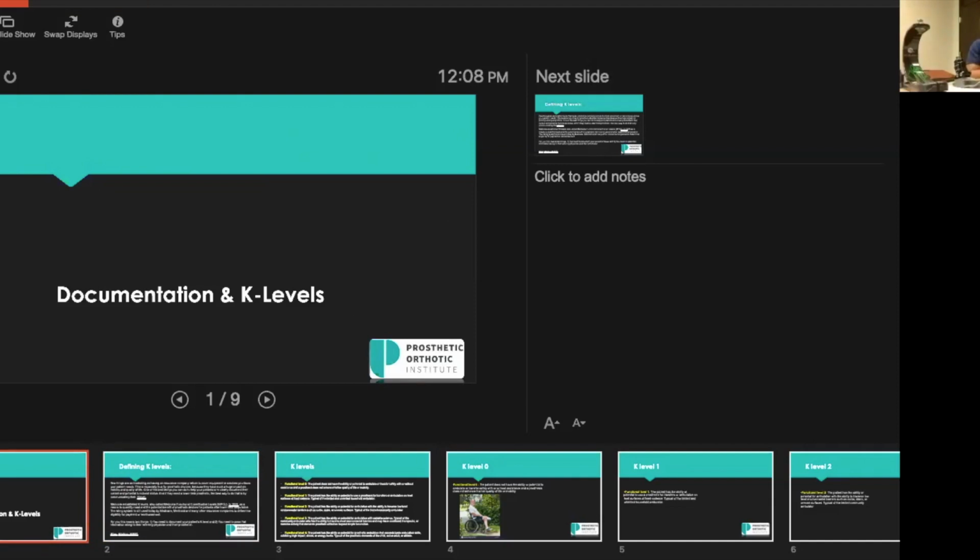And so how does that relate to prosthetics and K levels? Medicare says, look, not everyone needs a Corvette. Not everyone needs a Porsche. Not everyone needs an SUV. Certain folks have certain needs in their lives. And that has a lot to do with what you did before your amputation, what your activities were, what's the result of your amputation, and what level do you want to get back to.